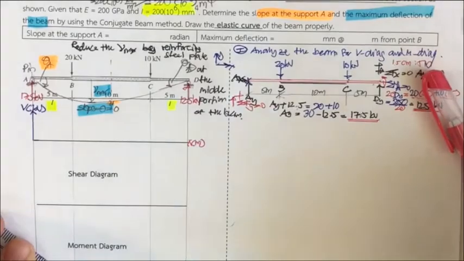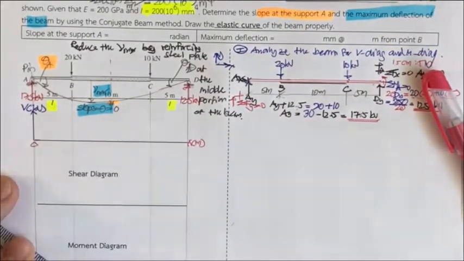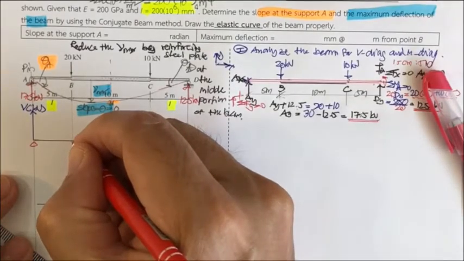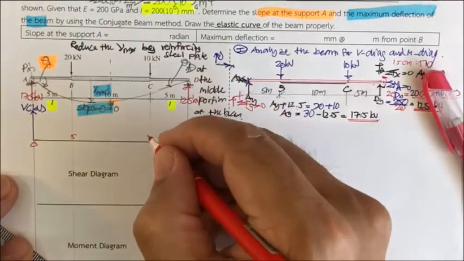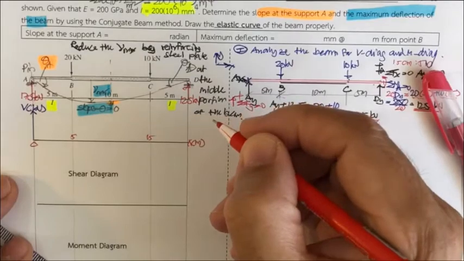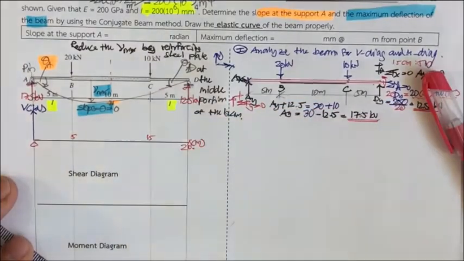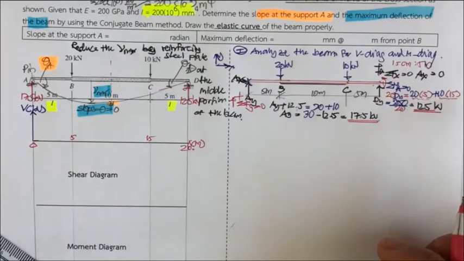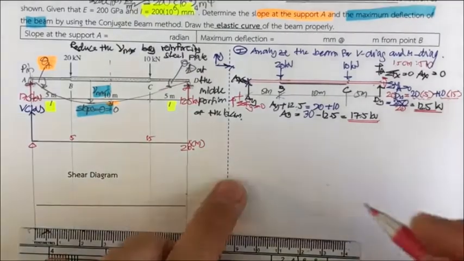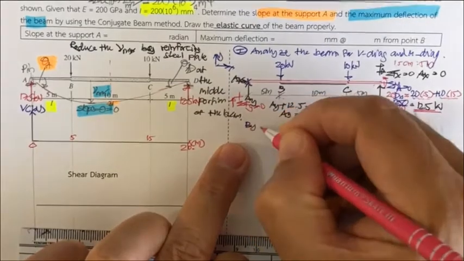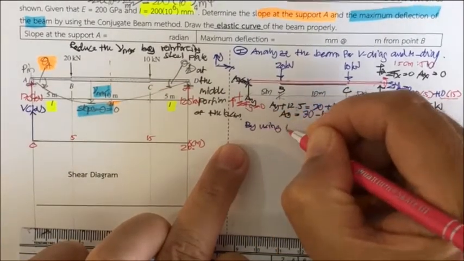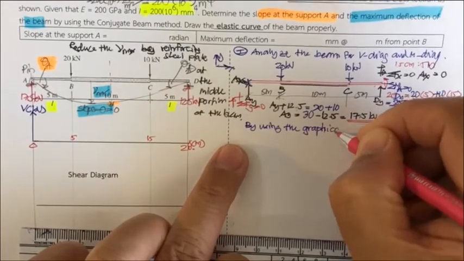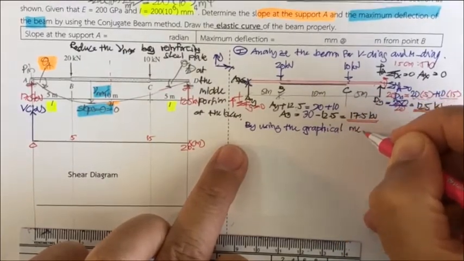This one is 0 meter, and this one may be 5 meter, right? This one may be 15 meter, and this one may be 20 meter. And then we draw the shear diagram, let's say by using the graphical method.